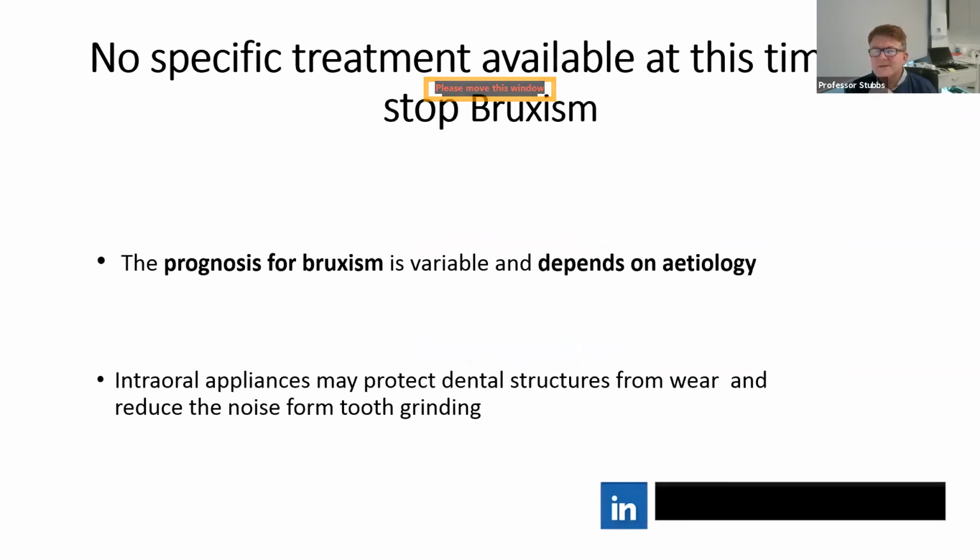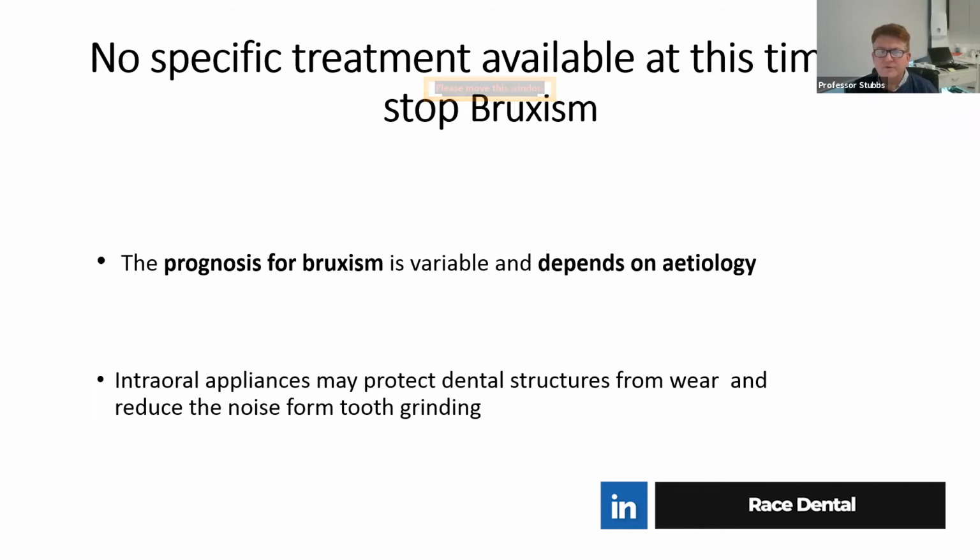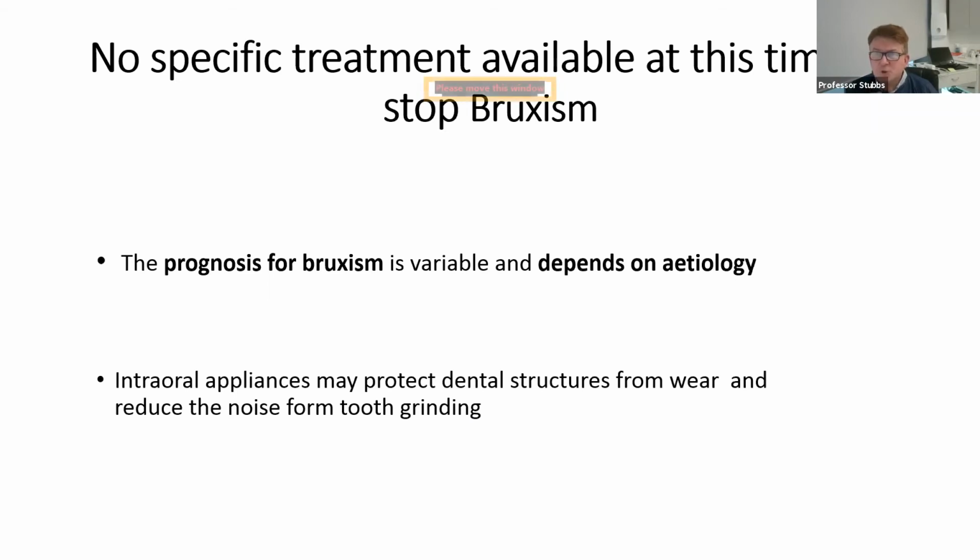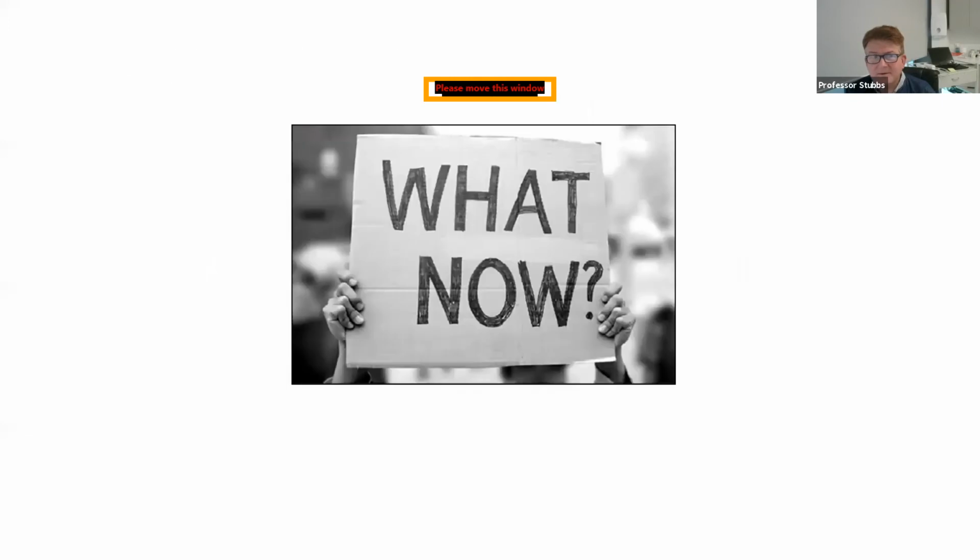We know that the outcome long-term for someone who bruxes depends really on the cause. And we also recognise that intraoral devices we call splints do protect the tooth structure. Even though it does not stop bruxism, it doesn't stop the clenching or grinding of the teeth, it does protect the teeth. And I think that in itself is a valid enough reason to use a splint.